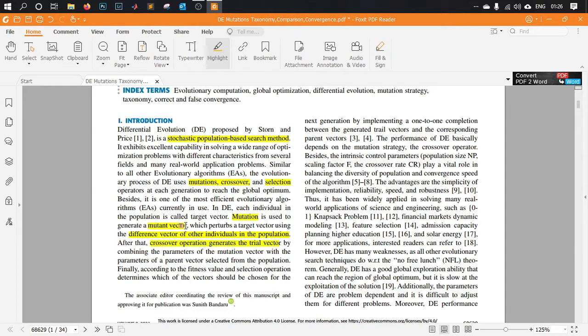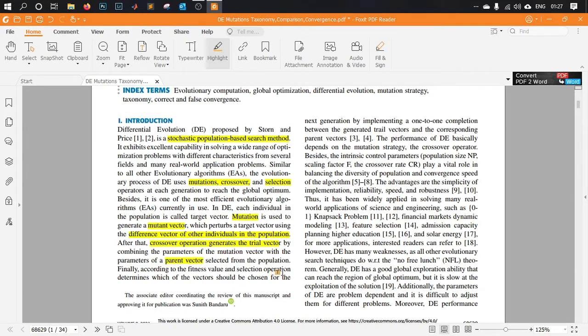After that, the crossover operation generates the trial vector. So once the mutation is done, then they do the crossover, combining the parameters of the mutant vector with the parameters of the parent vector. The parent vector is the original vector, the mutant vector is the one which came after perturbing the parent vector, and based on them they do a crossover and finally a selection.